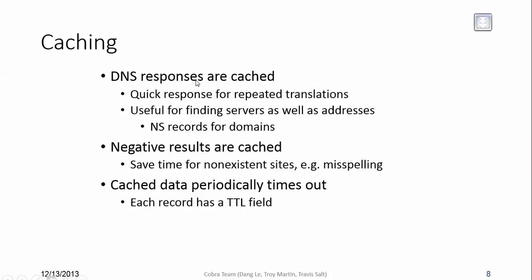What is caching DNS? Caching DNS stores the DNS response from the authority server in the cache for quick response to repeated translations, which is useful for finding servers.